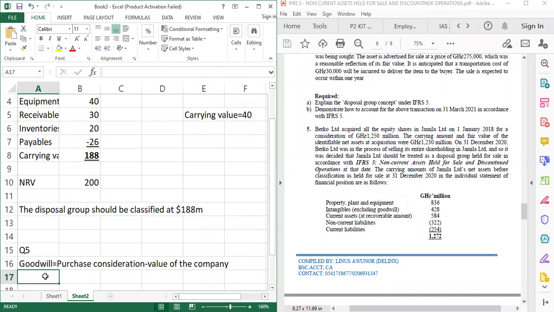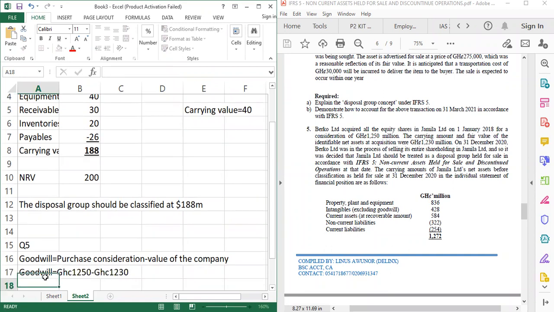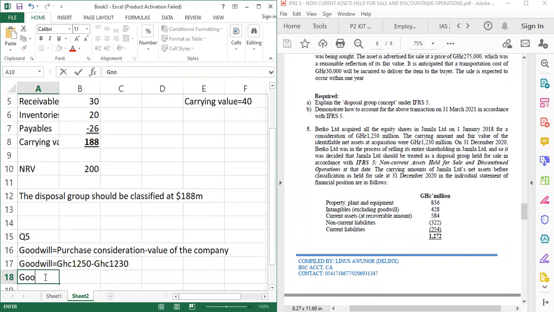Someone can call it net assets, I don't have any problem with that. So this will be equal to 1,250 minus 1,230. What will be the goodwill value? 20. That will give us 20 million.